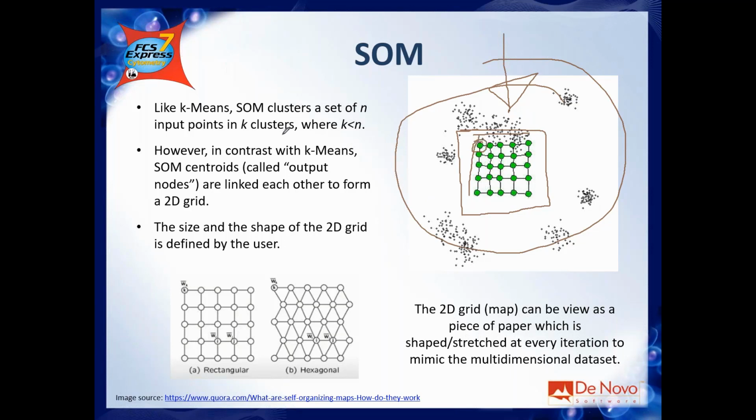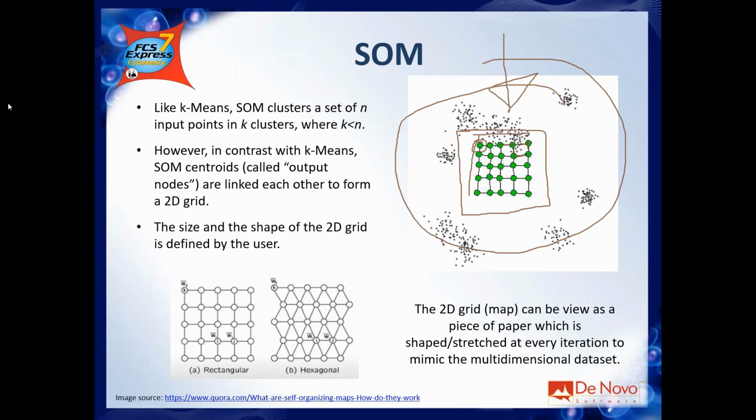If you want to think about k-means, maybe you are more used to it. Those are like centroids, but in contrast with k-means, in this case, these nodes are connected. You can see that every node is connected with some neighbor nodes.